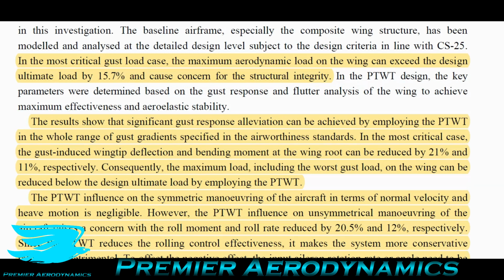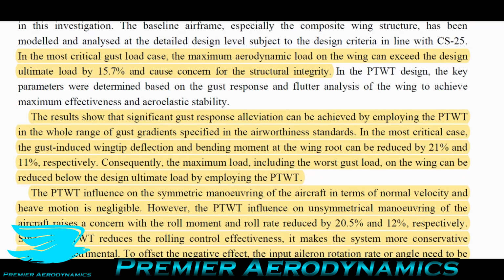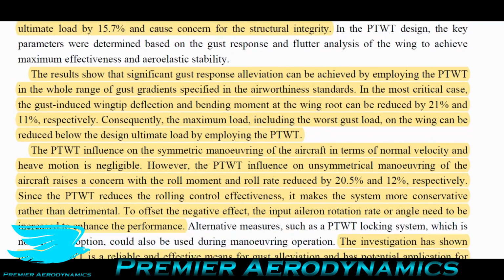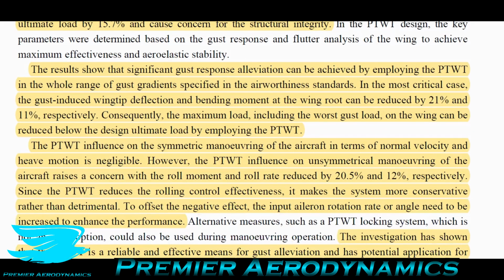They also say that significant gust response alleviation can be achieved by employing this wingtip in the whole range of gust gradients specified in the airworthiness standards. So in other words, across the board, these wingtips are good. In the most critical case, the gust-induced wingtip deflection and bending moment at the wing root can be reduced by 21% and 11% respectively, so a huge amount.